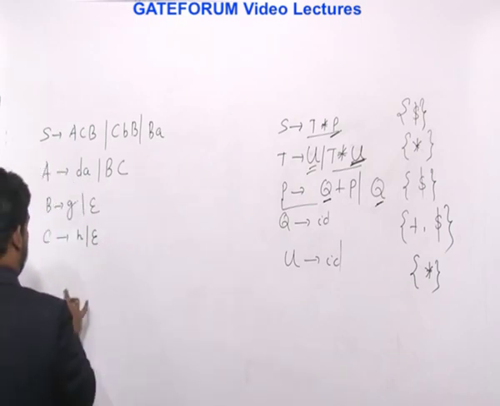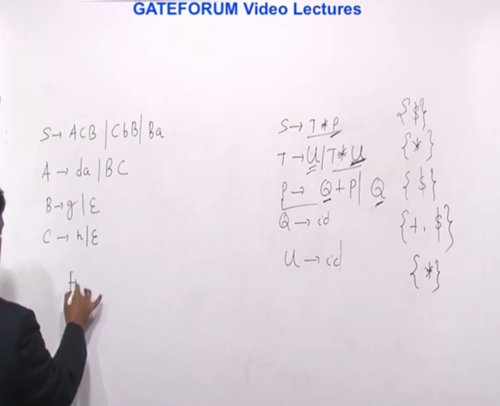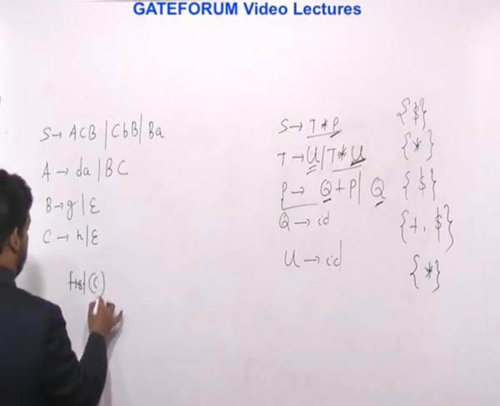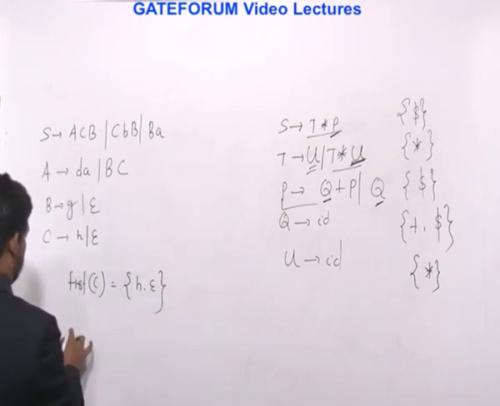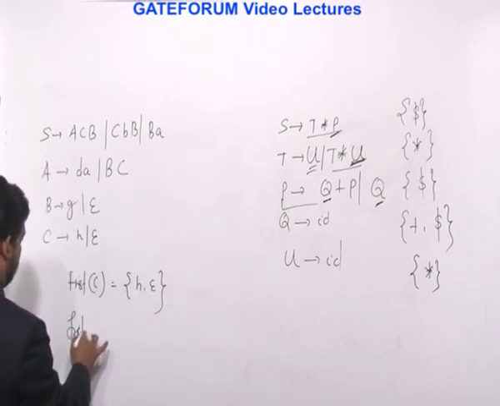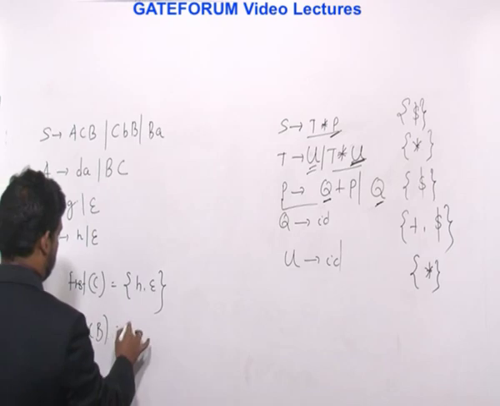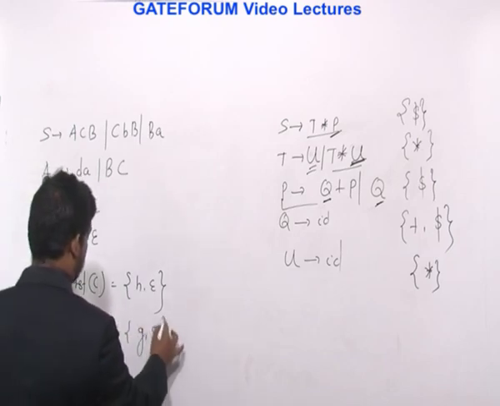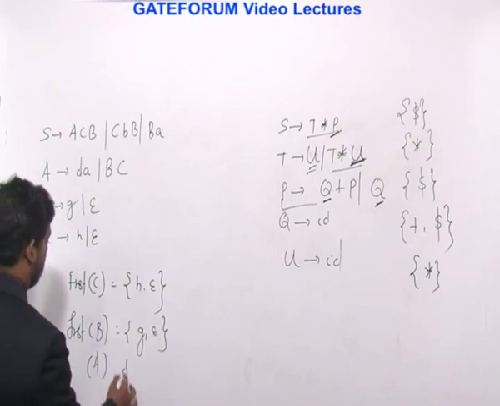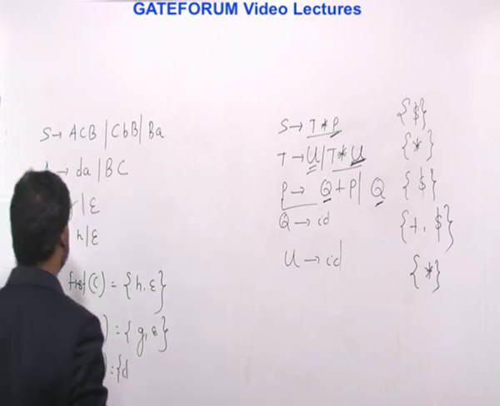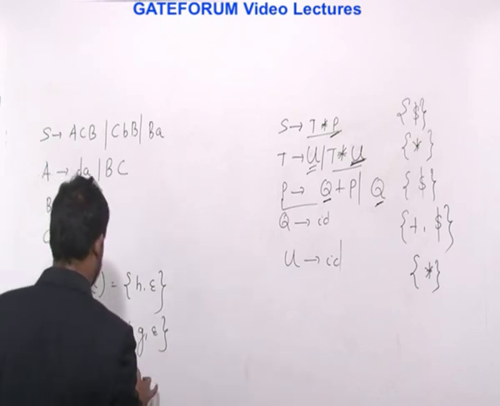Okay, first set is already calculated. So this is my first set, first of C already done. Just copy this one, H and epsilon, because I don't want repeated calculation in this case. First of B is equal to G and epsilon. First of A will be equal to D and then B and C, so G, H and epsilon.